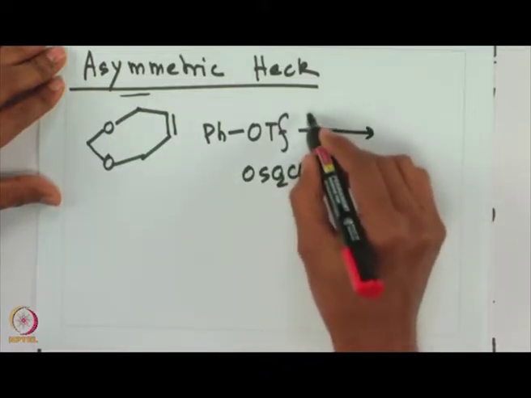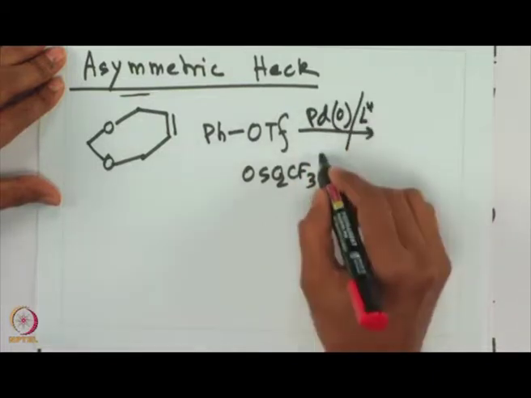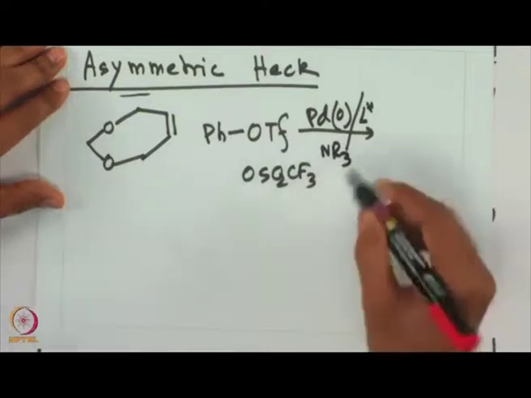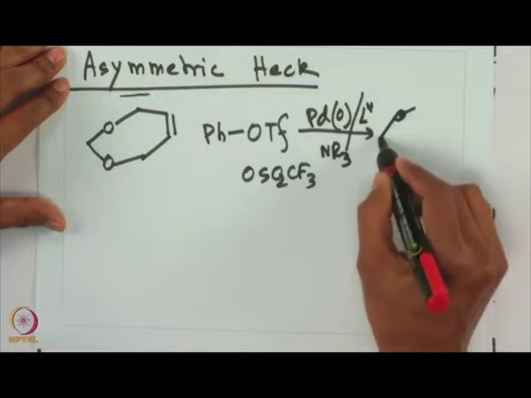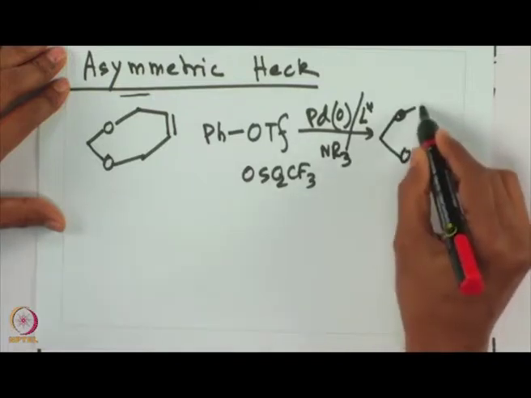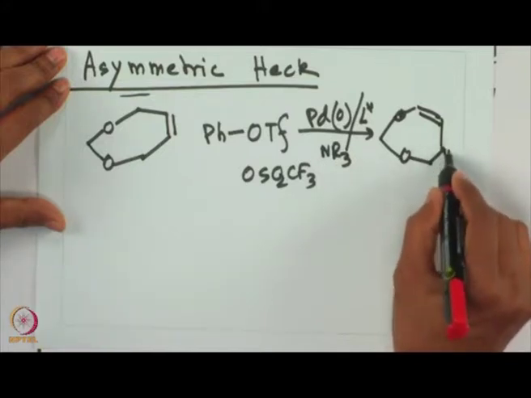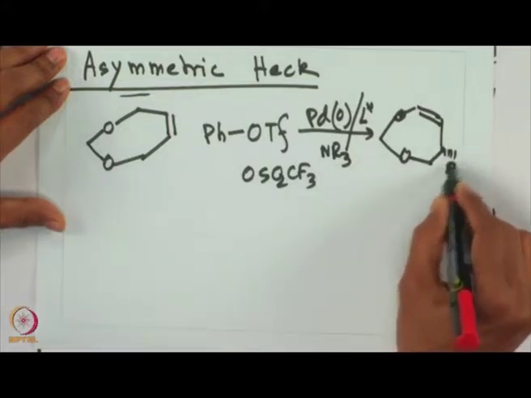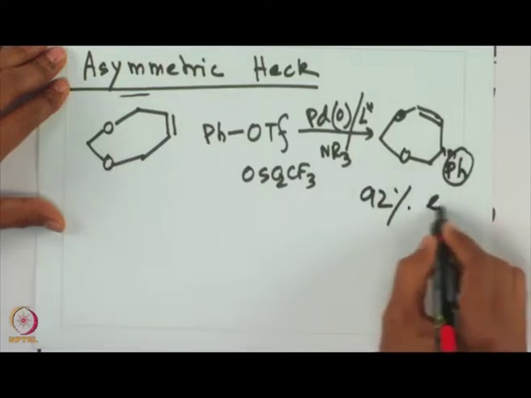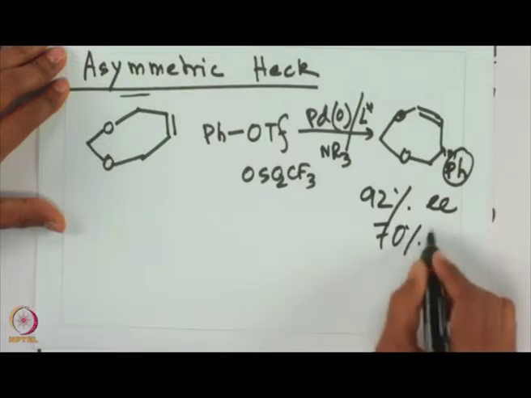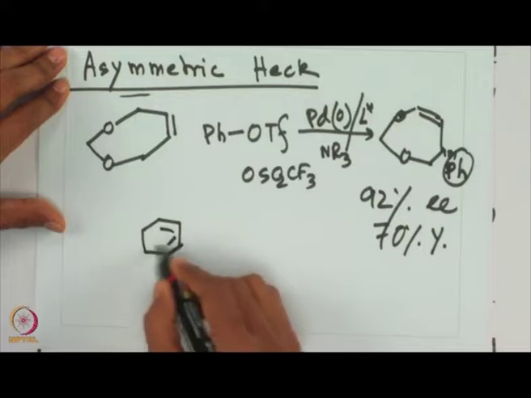And during this process, if you are taking palladium 0 ligand complex and an amine, NR3, as a base, what you get from this process is also quite interesting. This also gives you an idea that shifting of the double bond can be possible, and you have a phenyl group at this position below the plane. This is a 92% ee and 70% yield reaction.